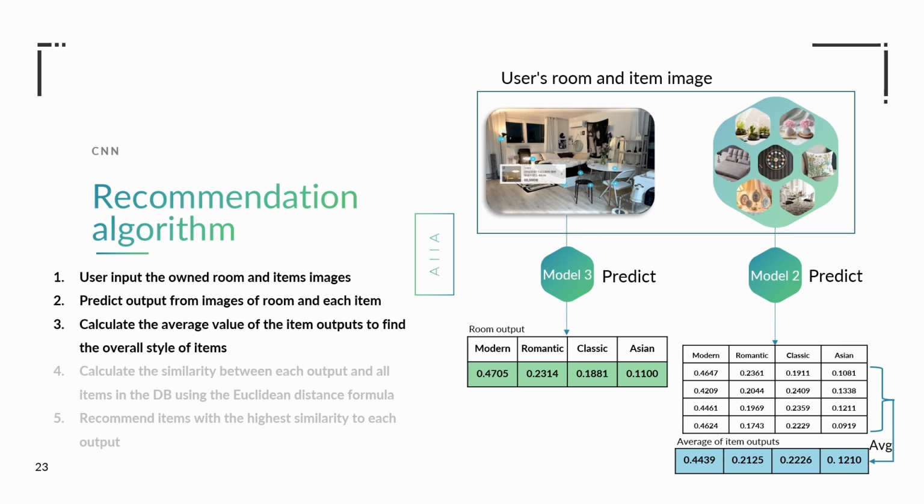Next is the recommendation algorithm. When the user inputs their own room and item images, Model 2 and 3 predict the output from images of the room and each item, and calculate the average value of the item output to find the overall style of items.